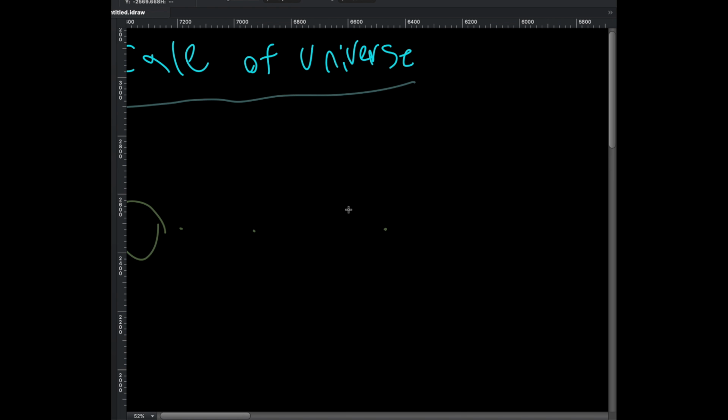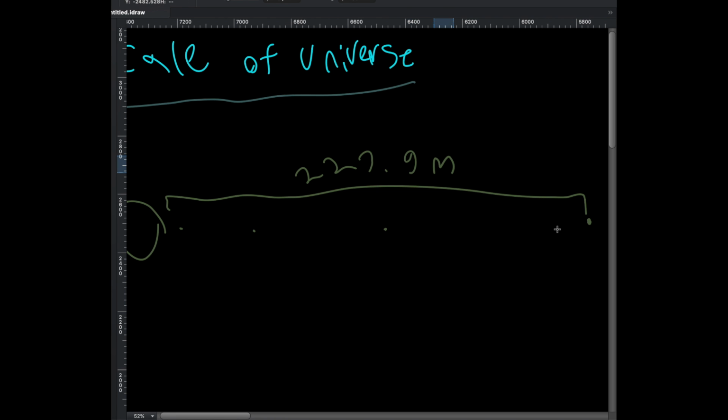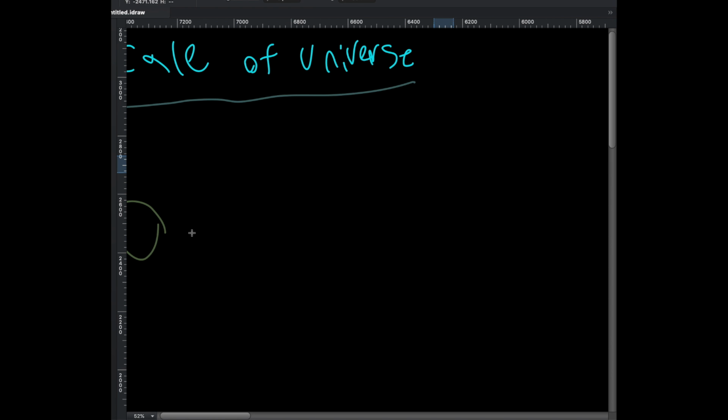So maybe about right here. And of course, it isn't drawn to scale. This would be way smaller. But anyway, so this distance is 227.9 million kilometers.